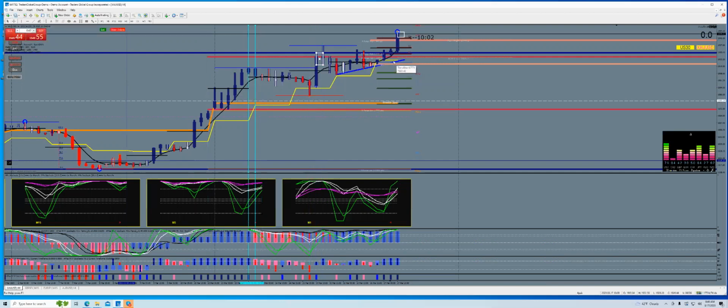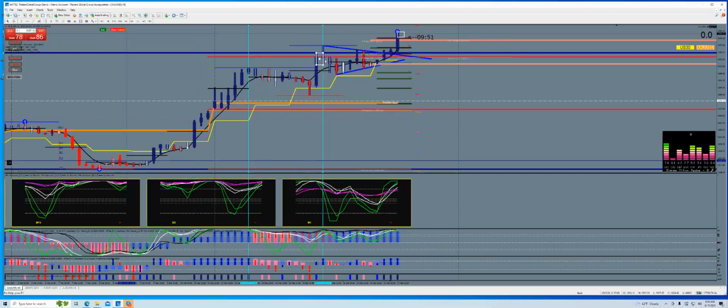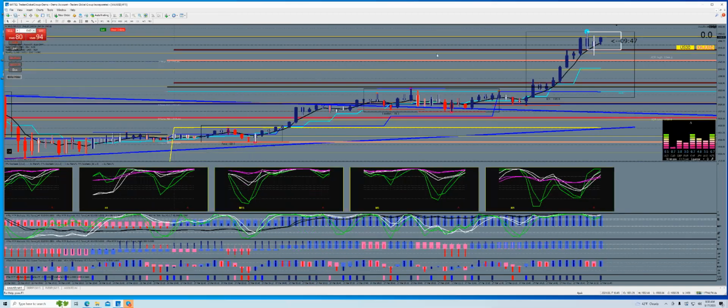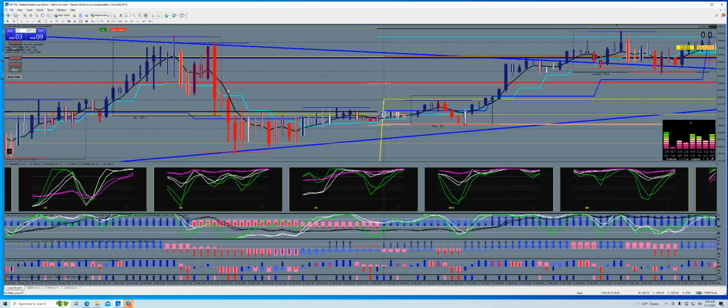Like here, this triangle that it was forming. This is the peak, so you could take advantage of that on the lower time frame. I hit the bottom. Now I'm looking for longs.